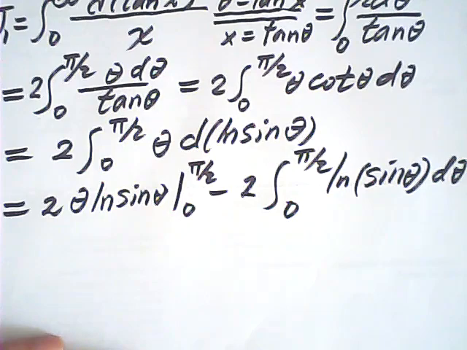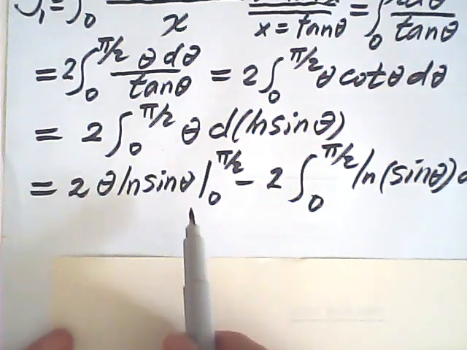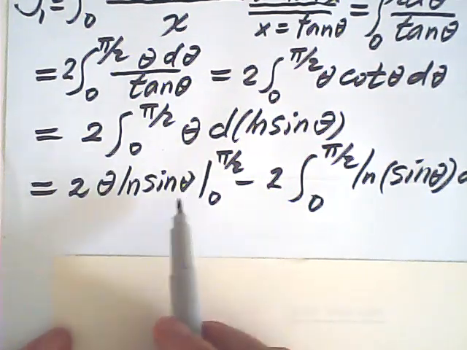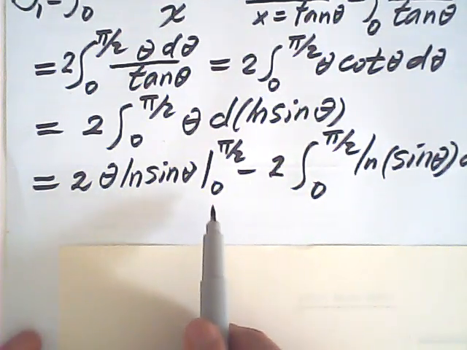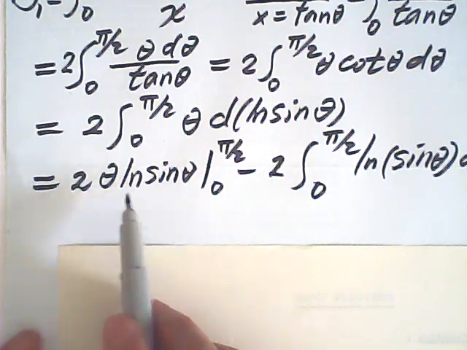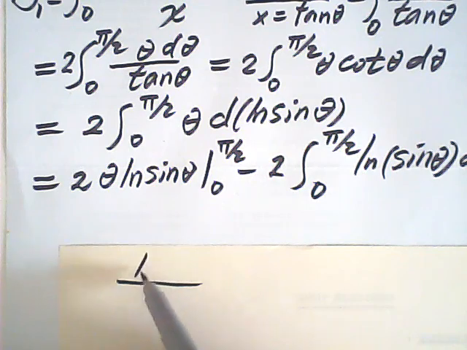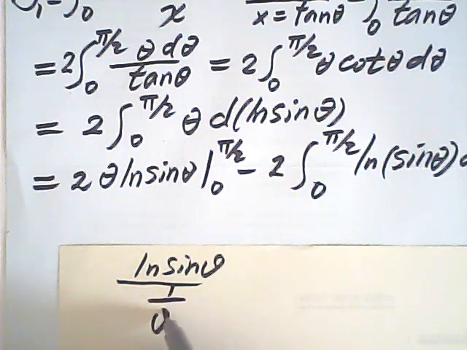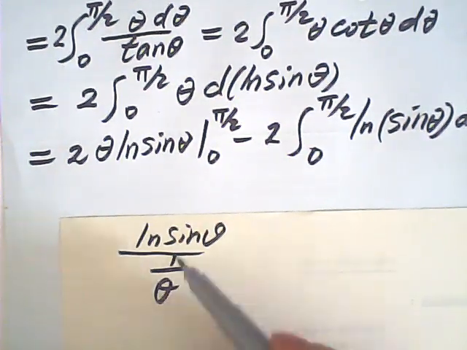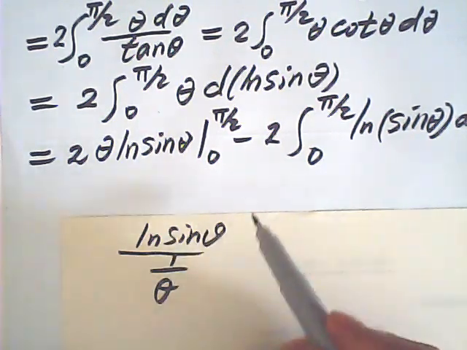Okay. For the first part, when theta is half pi, this is 0. Log 1 is 0. It's easy. When theta approaches 0, this is infinity times 0, so I prepare to use L'Hopital's rule, right? This is infinity over infinity.